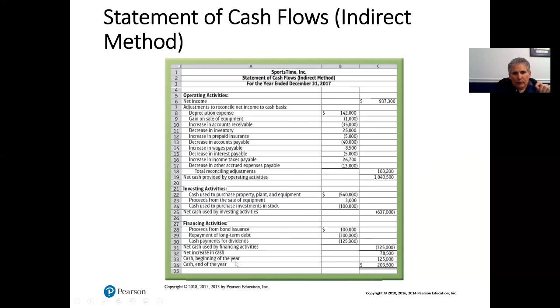Cash beginning for the year, $125,000. So $78,500 plus $125,000 gives us the cash at the end of the year, $203,500. This must equal what's being reported on the balance sheet at the end of the year, the cash balance, $203,500.